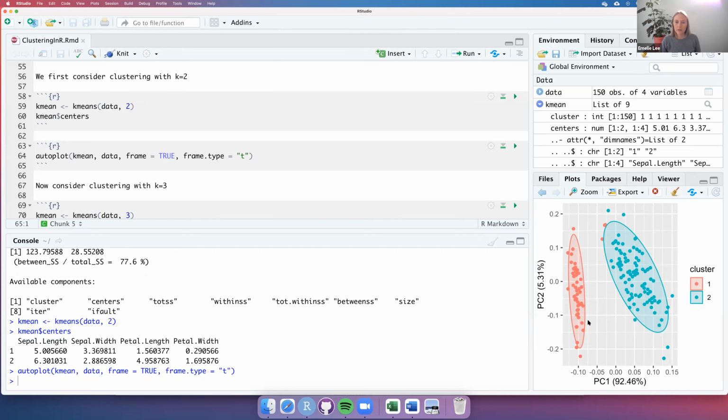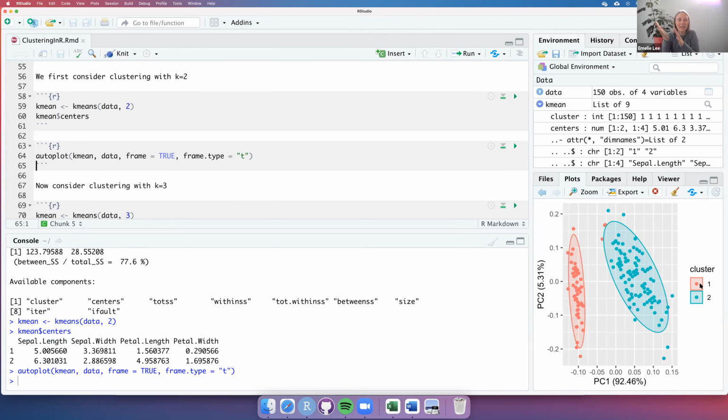So we can use this autoplot, and it plots all the original data points, but it also gives a color by cluster. Now we could have done this kind of by hand, right?